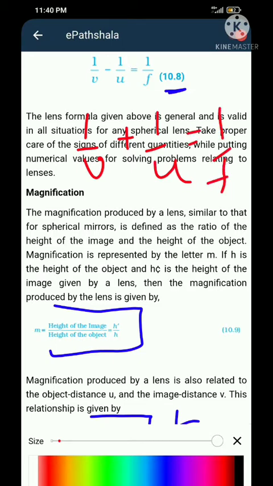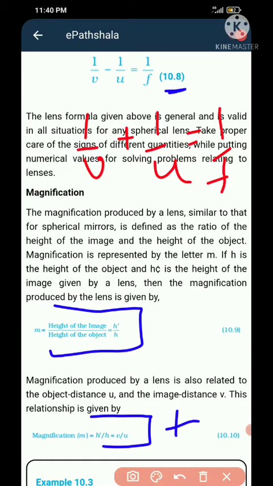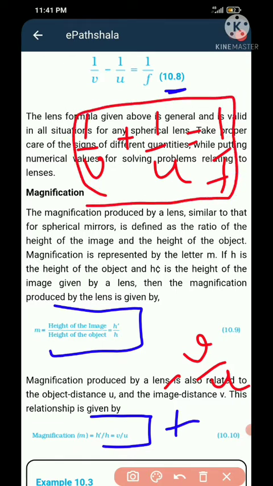And for the magnification formula it will be minus. Marked in red pencil is the formula for the mirror. So this is the mirror formula and mirror magnification formula, and everything else is the same.